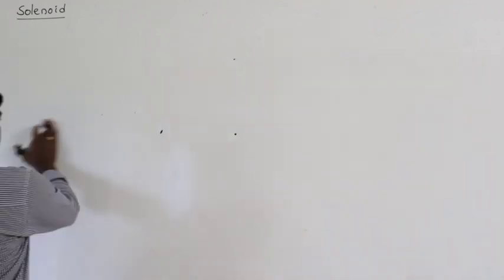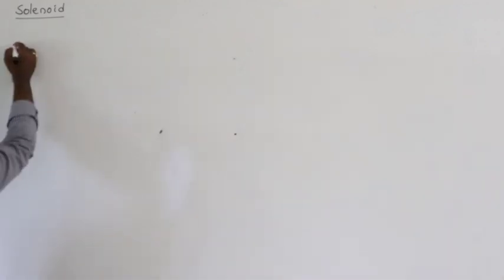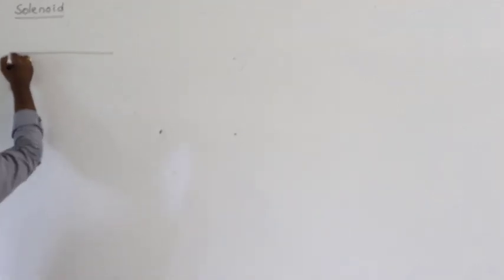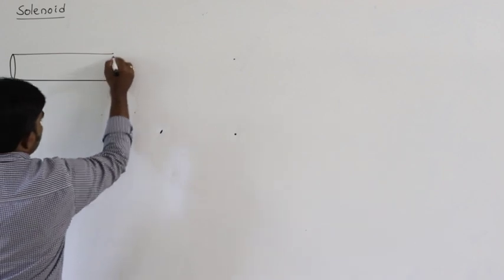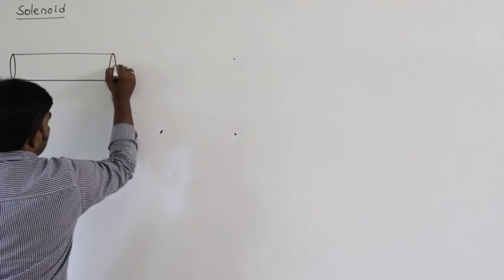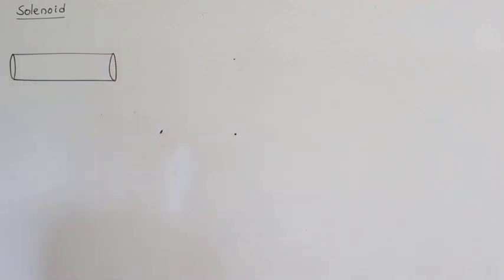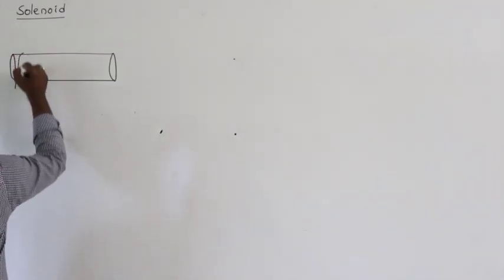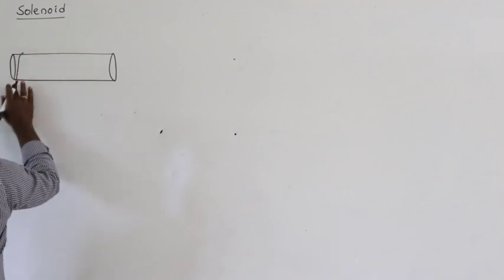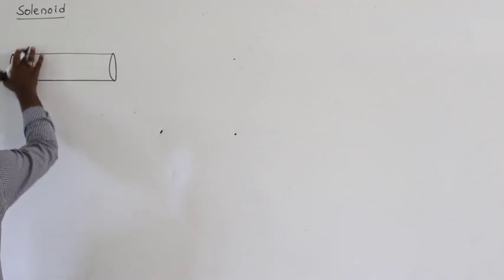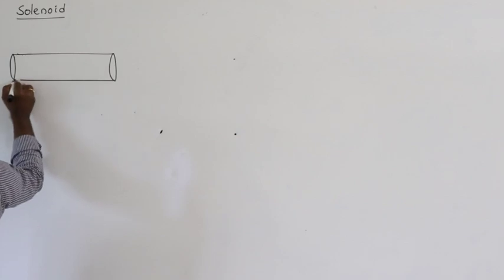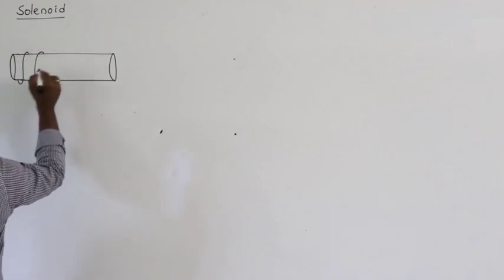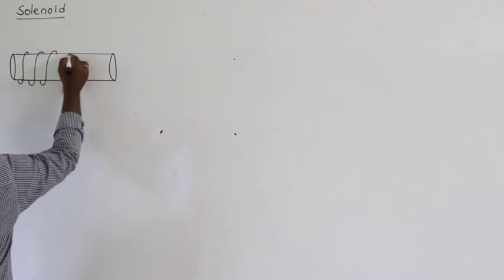So solenoid is nothing but, for example, this is the non-conducting material, let us say an insulating wire is wound over this non-conducting material.